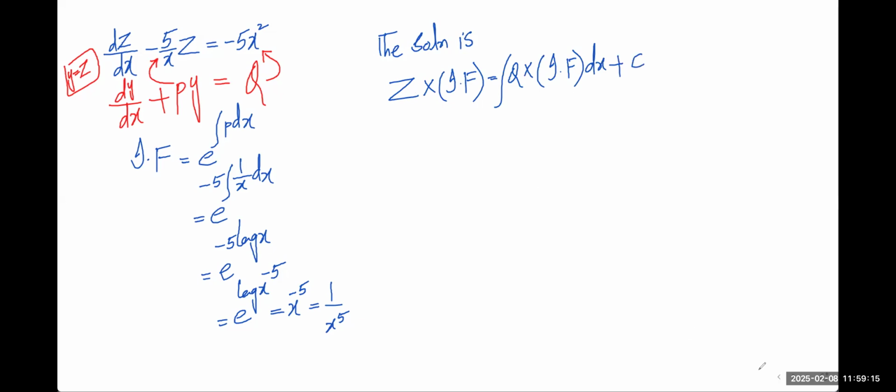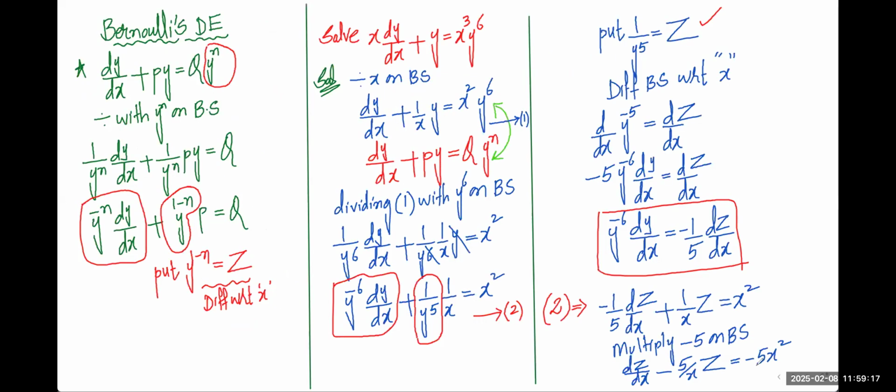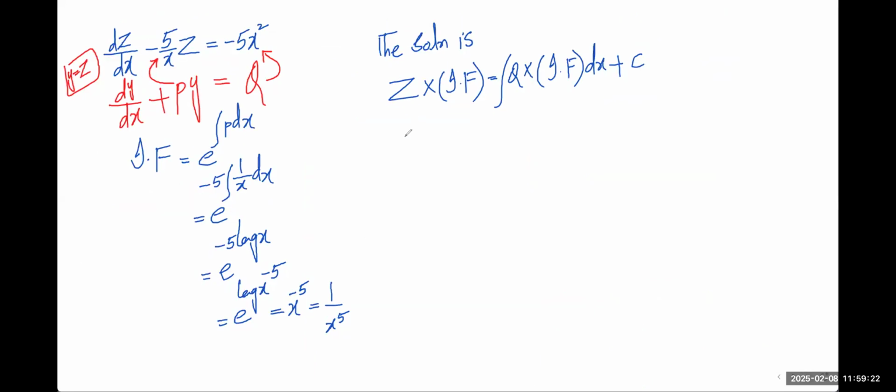Our z value is 1 by y power 5, our integrating factor is 1 by x power 5, and our q value is minus 5x square, and the integrating factor is 1 by x power 5 into dx.